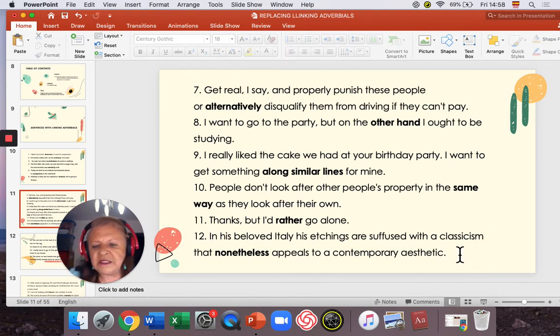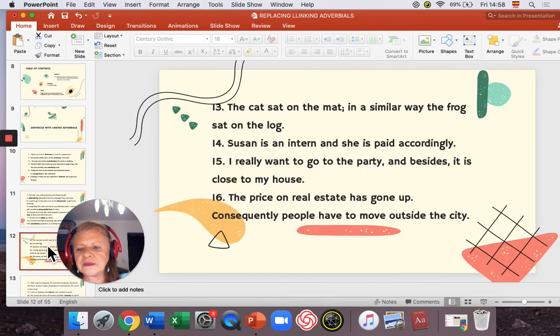So it means that even though you have something here, you have something else. The next one, the cat sat on the mat. In a similar way, the frog sat on the log. So we're saying the same. Here this was sitting and here this was sitting. So, in a similar way.